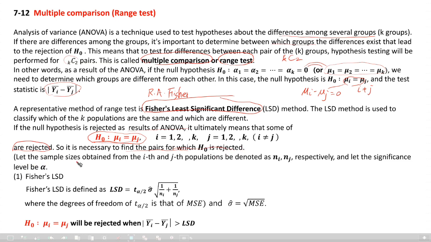Let the sample sizes obtained from the ith and jth populations be denoted as Ni and Nj, and let the significance level be alpha. Fisher's LSD is original, but some other people suggest other methods. Fisher's LSD is defined like this.